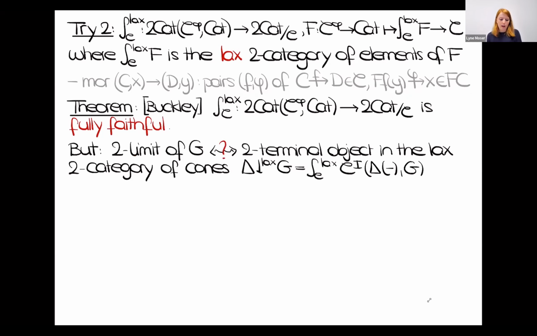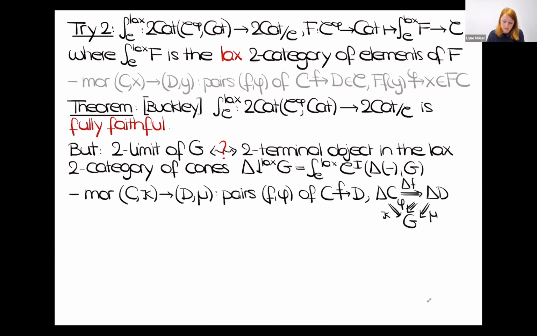So now we would like to use this and try to formulate the representation theorem again. And so we could ask, do two-limits again coincide with two-terminal objects in this lax Grothendieck construction? What you can see here is that this lax two-category of cones has as objects pairs of a morphism from C to D in C and a modification between the cones.